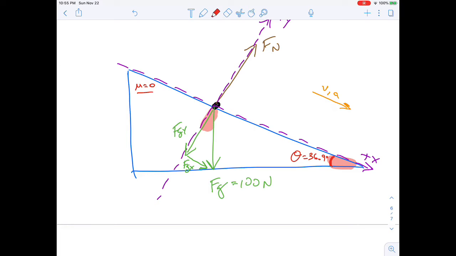What's important to realize is that the angle of the ramp is the same as the angle from the y-axis to the gravitation. So this angle here is equal to that angle there.